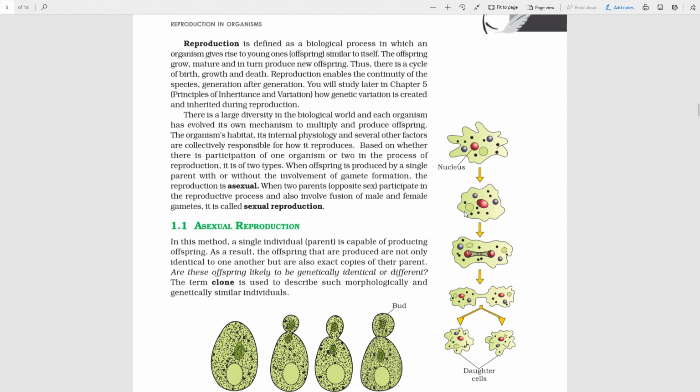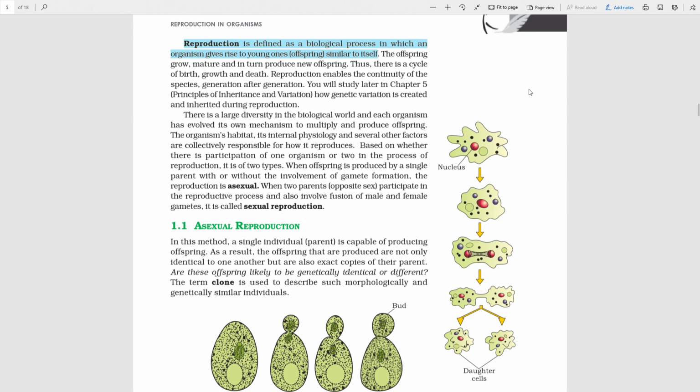Now we come to the main part, which is reproduction. So as we can see, they have defined reproduction as a biological process in which organisms give rise to young ones similar to themselves. So reproduction is a process where there is a parent which reproduces and there is an offspring.